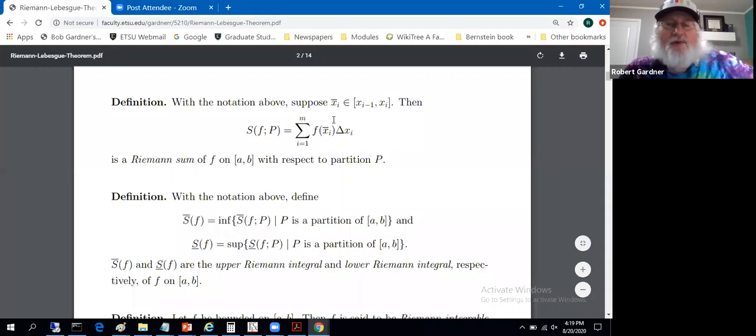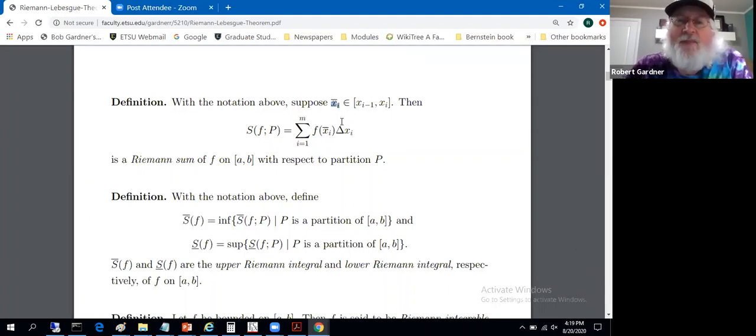This is rather similar to a calculus 1 style, where it says in the notation above, take x sub i bar, the x sub i star I was talking about. That's the way our calculus book deals with it here at ETSU at least. But take an x sub i bar to be an element of this interval and plug it into the function. All right, that produces a Riemann sum.